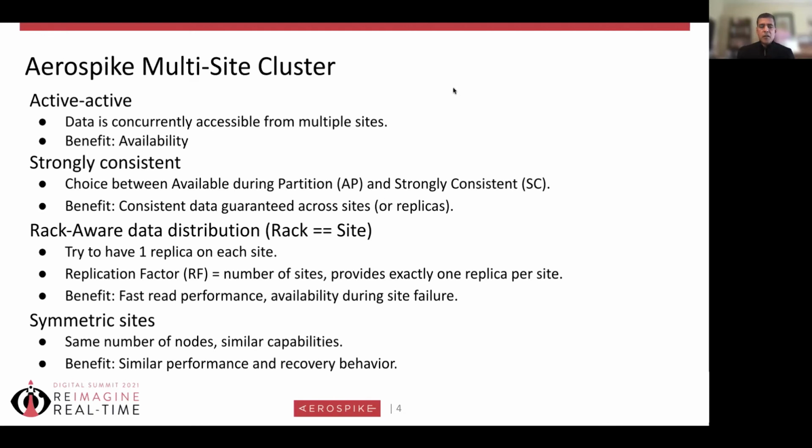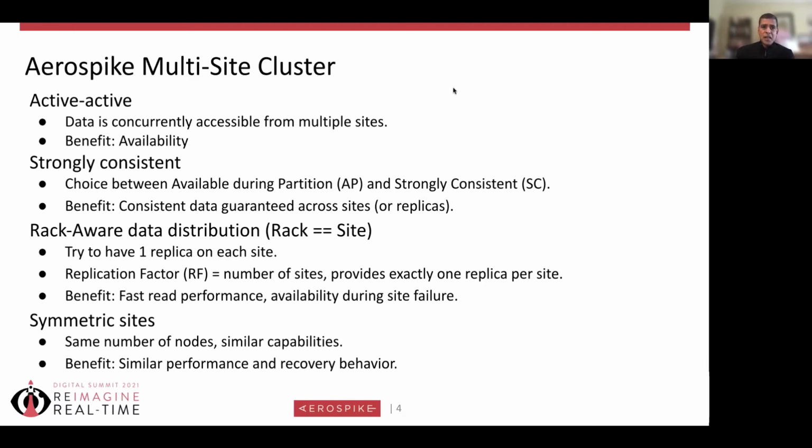Another recommended property of a multi-site cluster is that the sites are symmetric. What that means is that each site has the same number of nodes with similar capabilities. The benefit is that the performance and recovery characteristics of the sites are similar, which is a desirable thing.